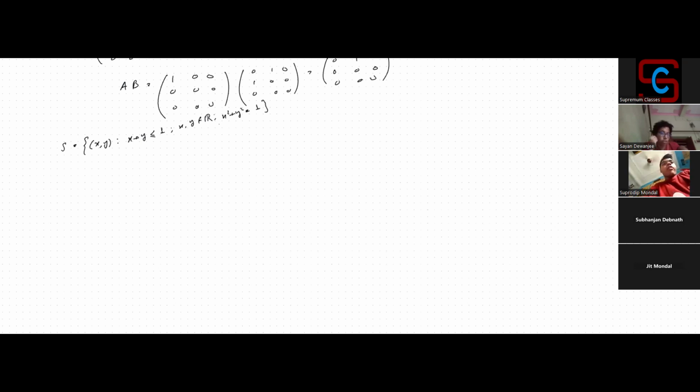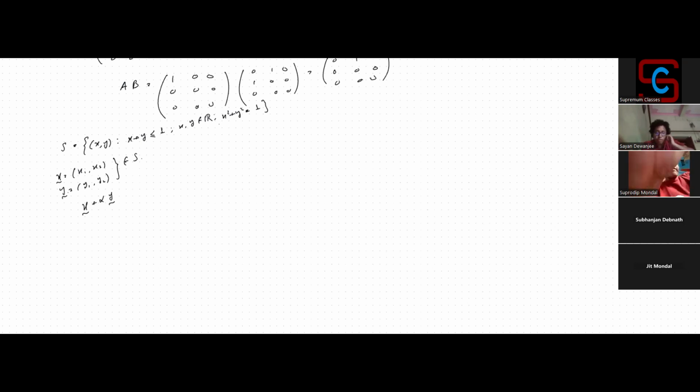Is it a vector space? If we take 2 points like x curl equal to x1, x2, and y curl equals to y1, y2, both belonging to S, then we check whether x curl plus alpha y curl belongs to S or not.